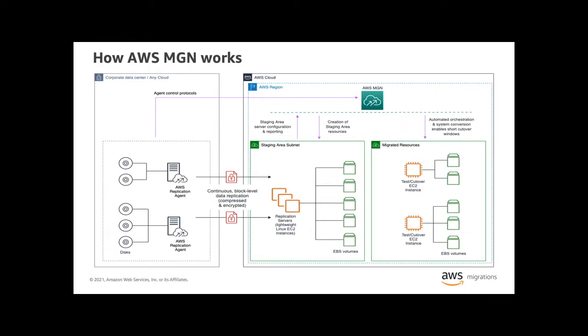When you set up the agent, you can determine which disks you are going to be replicating from the source servers to the staging area and then to the final resources that are the test and cutover EC2 instances, as you can find on the right side.